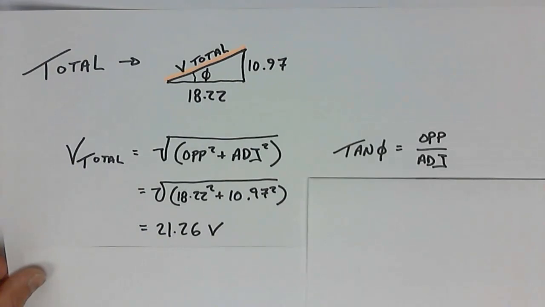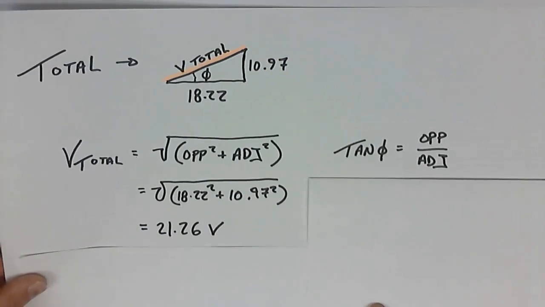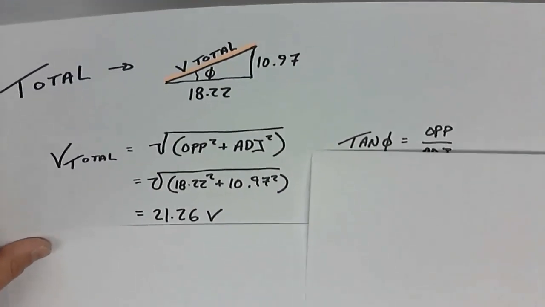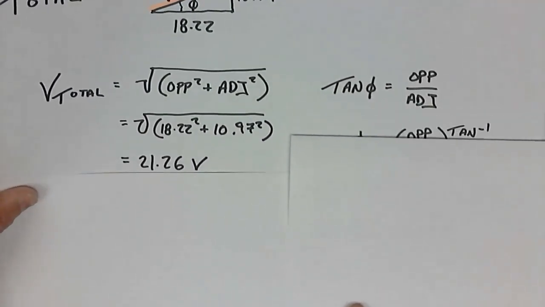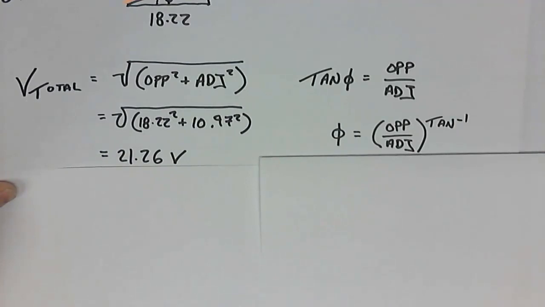We're always going to use tan of the angle. So tan of the angle is equal to opposite over adjacent, but I don't want to know what tan of the angle is. I just want to know what the angle is. And so we're going to apply the opposite of tan, and that's tan to the -1 or inverse tan.